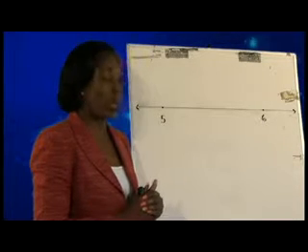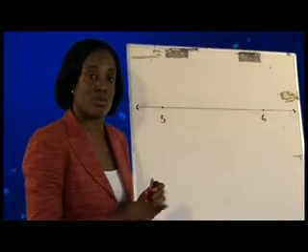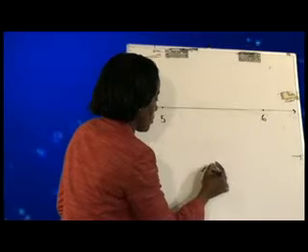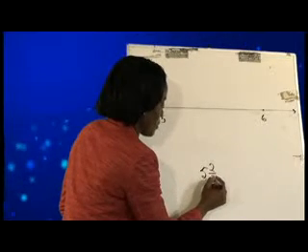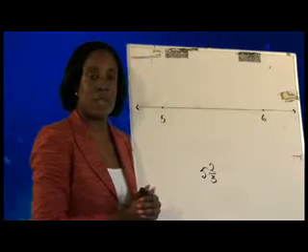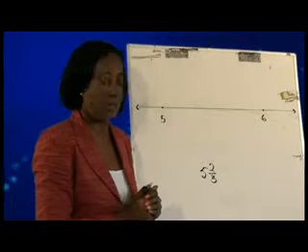The number in question, 5 2/3, let me just write that, is the number that is required to be rounded off to the nearest whole number.